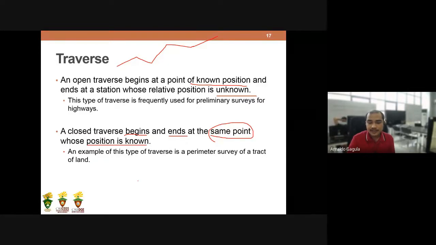Closed traverse is usually done in property surveys or perimeter surveys of a tract of land. For example, imong tract of land, so dapat naka-closed traverse ka. Mubalik ka dito kung asa ka nag-start sa imong point. So, that is the closed traverse.